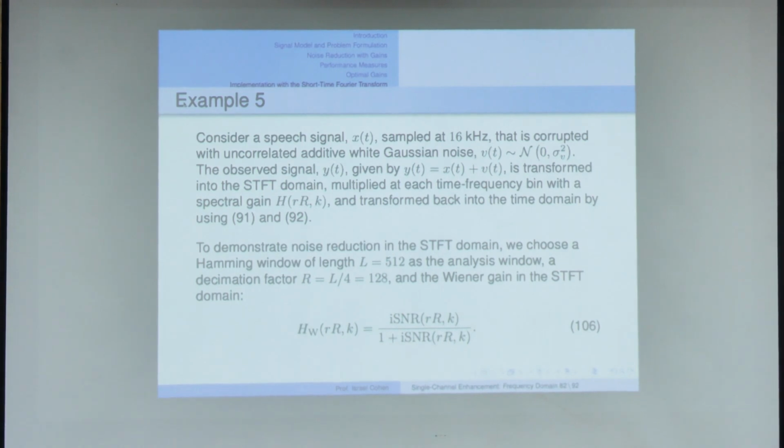And then the enhanced signal will sound more distorted compared to the original signal. But see what happens here. Okay, so this is the Wiener filter, which, just like in the frequency domain where we derived it, we take the same expression: the input SNR divided by 1 plus input SNR for each time frequency bin.